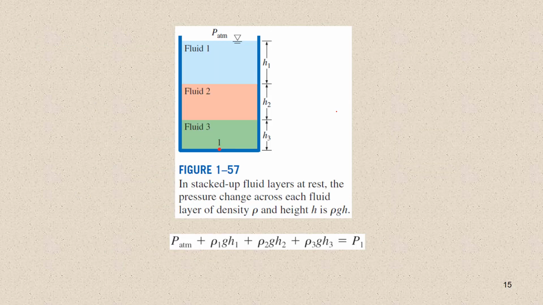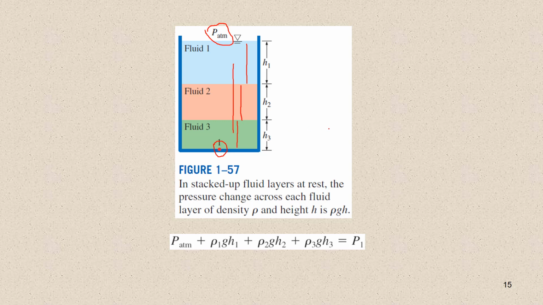So as you can see in this situation that is given in figure 157, in stacked up fluid layers at rest, the pressure change across each fluid layer of density rho and height h is given by rho gh, and the pressure at point 1 is going to be the atmospheric pressure P sub atm plus the pressure exerted by each of the fluids that have a height of h1 and rho 1 for fluid 1, height of h2 and rho 2 for fluid 2, and height of h3 and rho 3 for fluid 3.